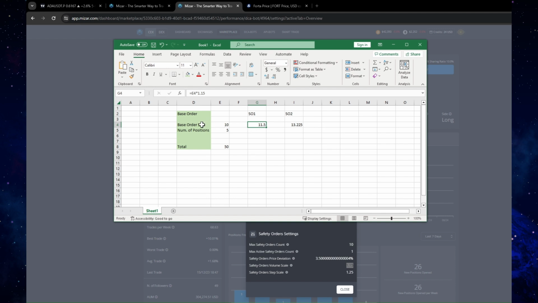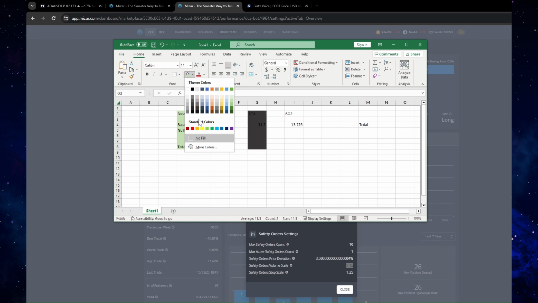And naturally, your total position size will grow, right? So we will have a total here, total per position. So let's say we only have 2 safety orders after your base order, like this.